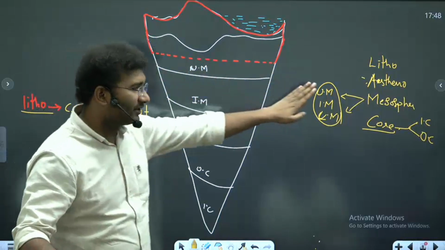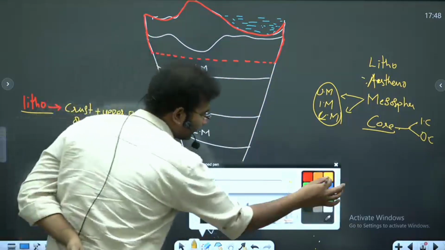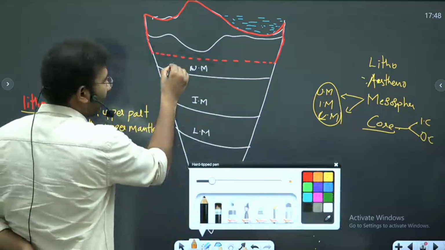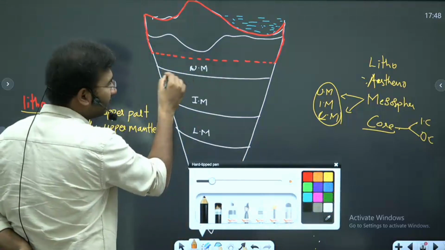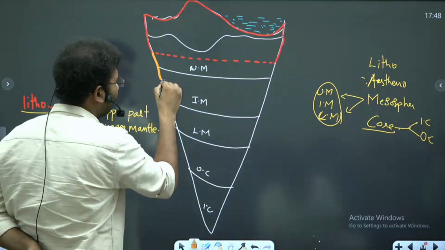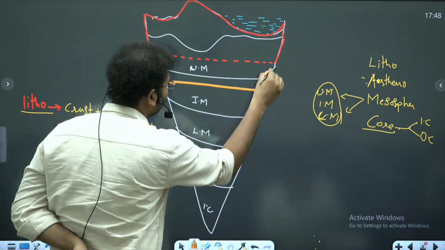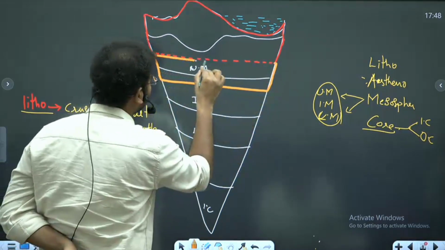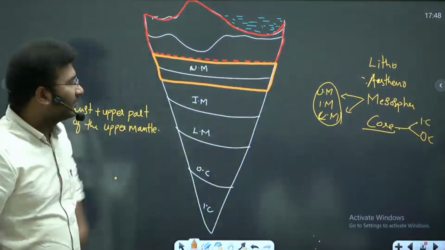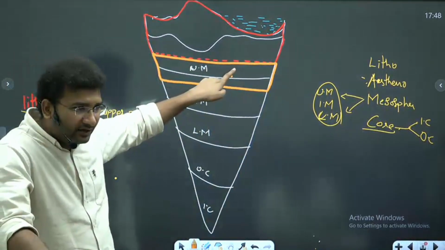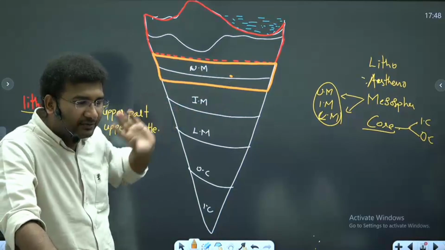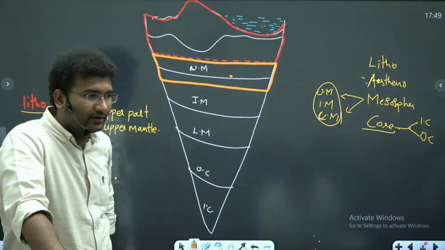Now, asthenosphere means it is this part. Lower part of the upper mantle plus upper part of the intermediate mantle. Right?